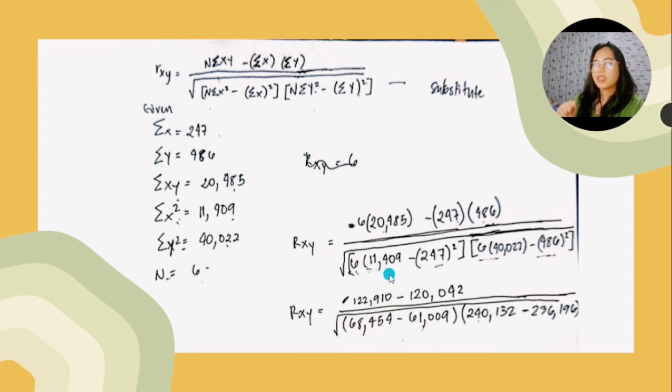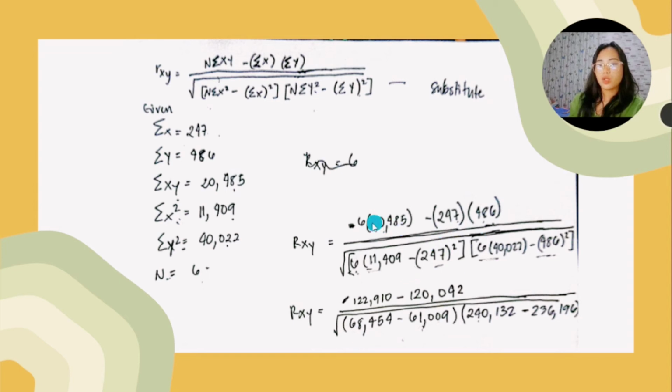Then 11,409 is the summation of x squared, and 247 is the summation of x, and that value will be squared. Then 6 times 40,022, the summation of y squared, and 486 is the summation of y.